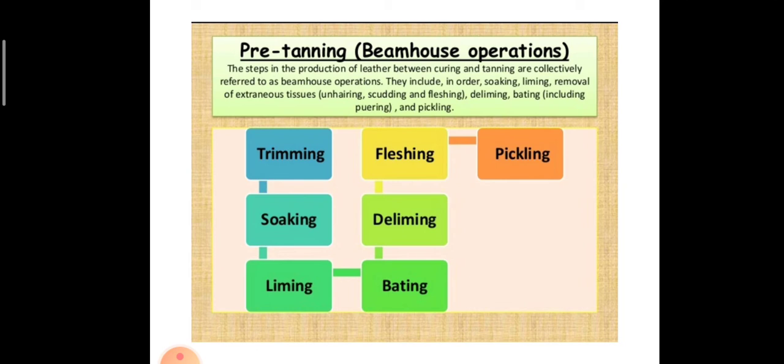Before tannage, normally, the steps are flaying, curing, washing, liming, unhairing, fleshing, deliming, bating, pickling.